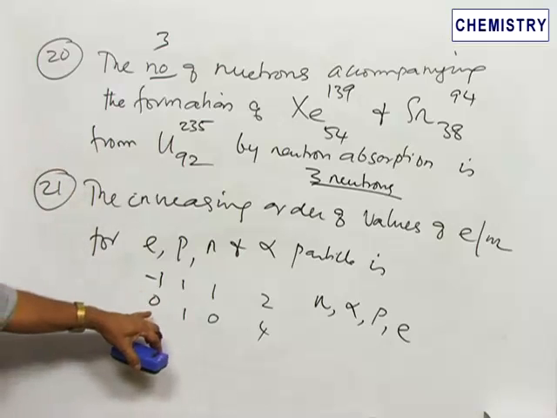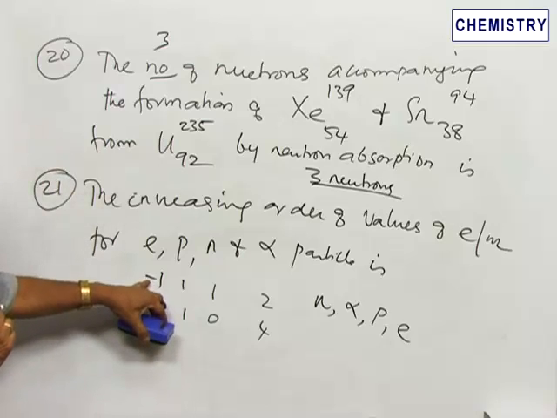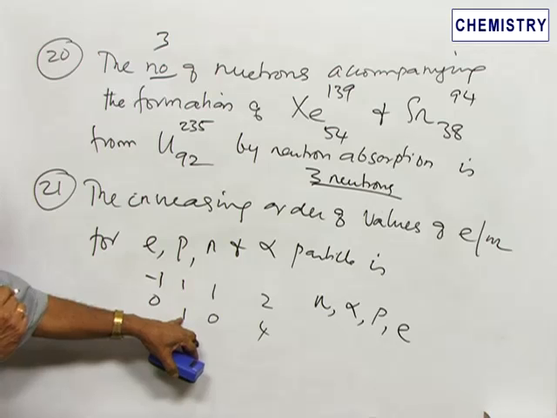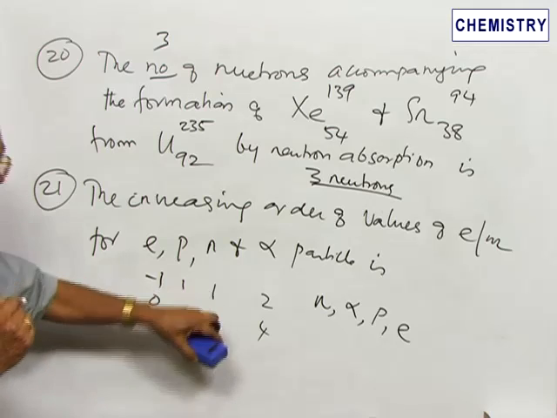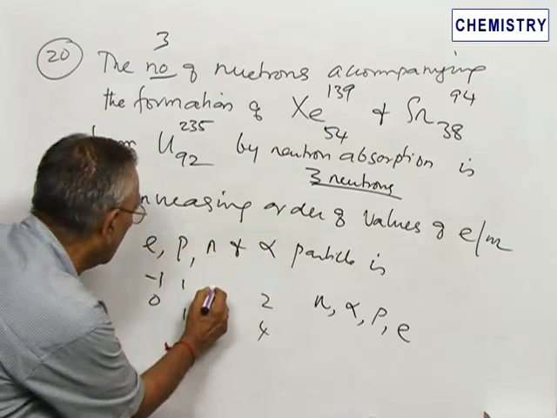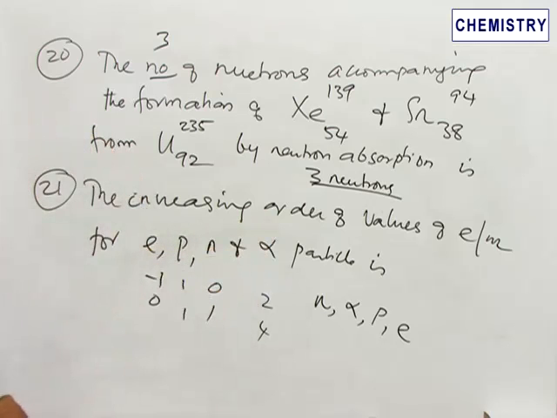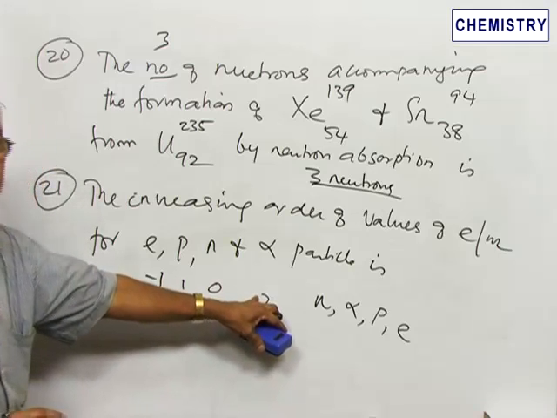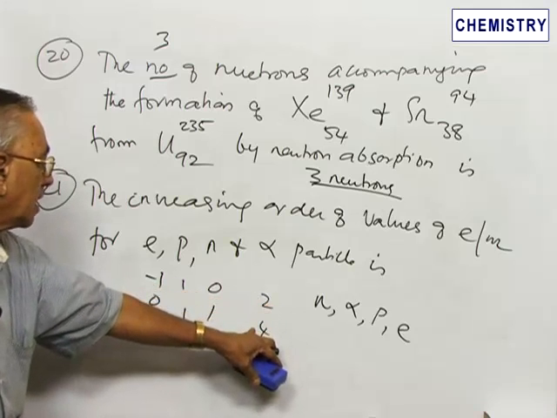There is no mass for the electron. The mass of the proton is 1 and its charge is 1. For the neutron, the charge is 0 and the mass is 1. For the alpha particle, the charge is 2 and the mass is 4.